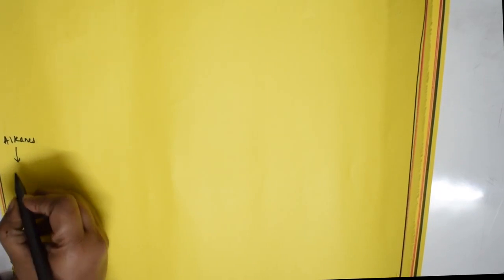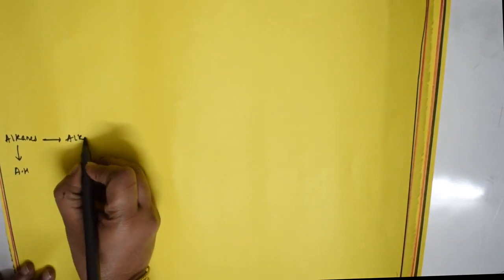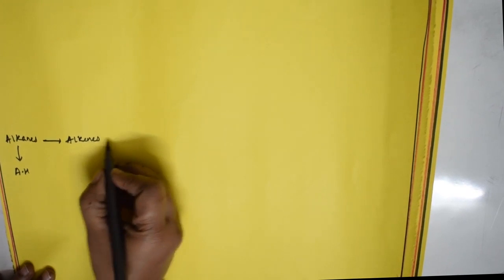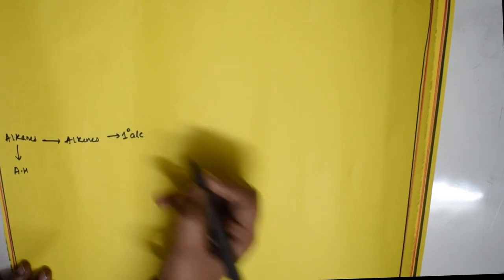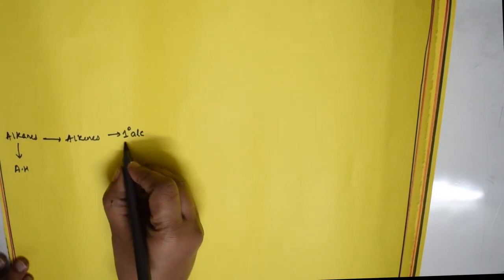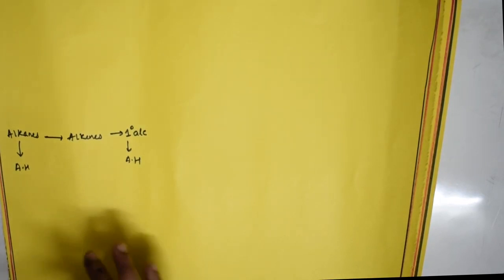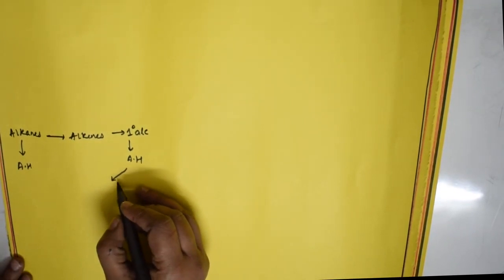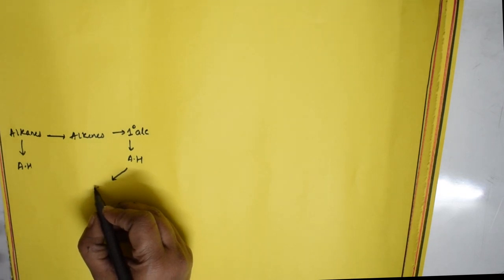We have converted alkanes to alkyl halides, done. We have converted this into alkenes, done. Then we have converted this into primary alcohols, that is also done. This primary alcohol is again converted to alkyl halide, done. Now this alkyl halide is converted into nitriles, rather ethyl cyanide.